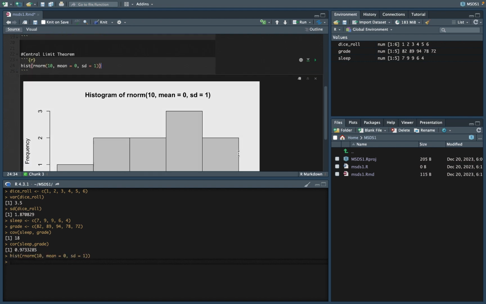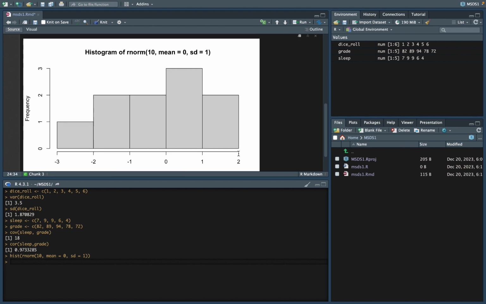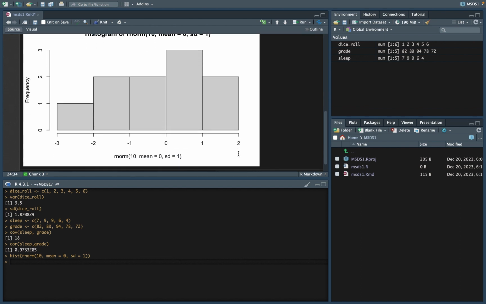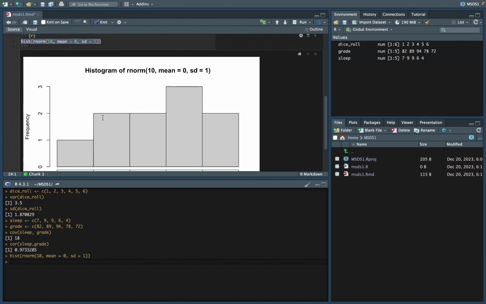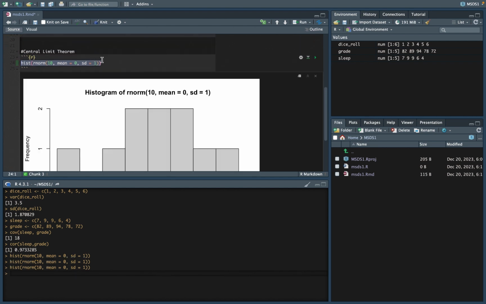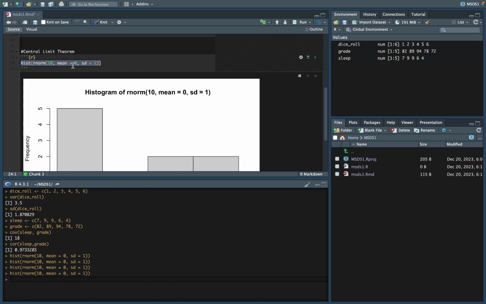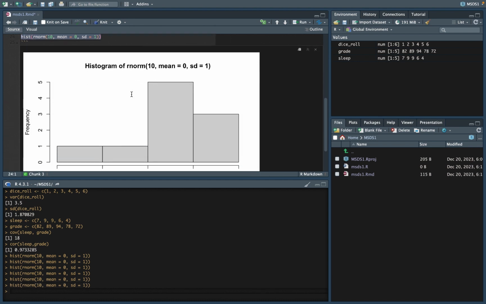Okay, if we get our output, it'll look something like this. Because our sample size is so small, it does not look like a normal distribution at all. We can continually output this function repeatedly, because rnorm creates a random normal distribution every time you call for the output.